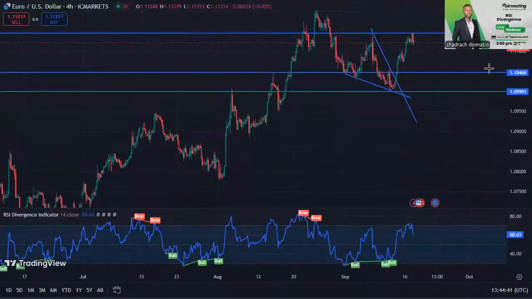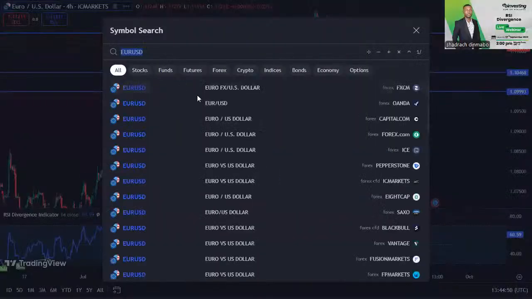But now I want us to actually look for something very current. By that, I mean a current market like we have looked at Euro USD. Let's look at GBP JPY.